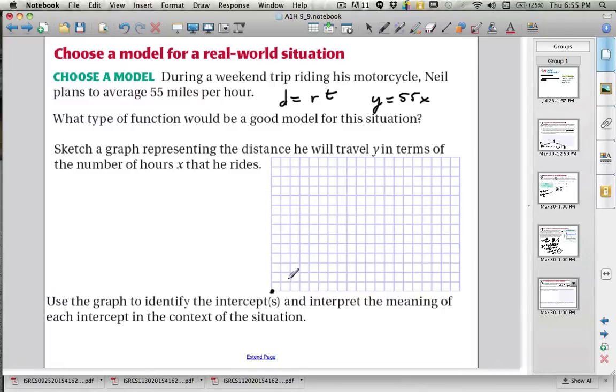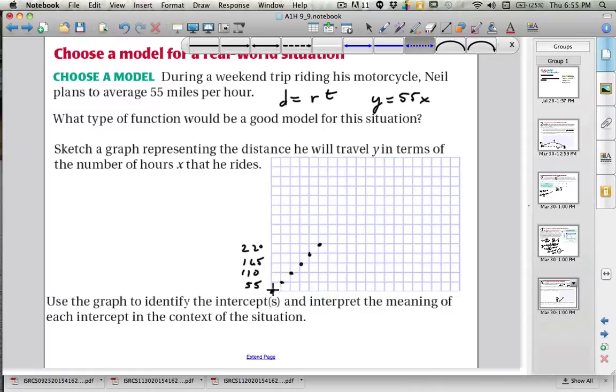And then for simplicity's sake, I'm going to do multiples of 55 on my axis. Every time he travels further, he's going to go another 55 miles, and this is what the graph is going to look like.